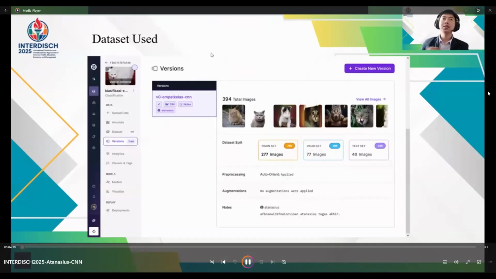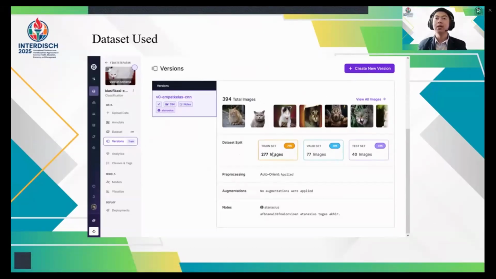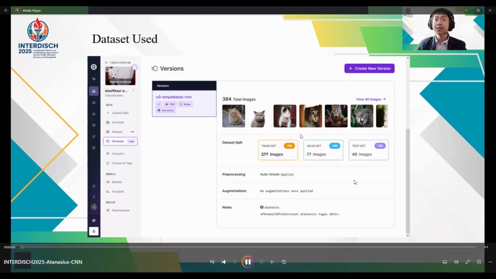The dataset I'm using, as I said before, is from Roboflow. This app makes it possible to split the dataset into train, valid, and test sets. In total, I got 394 images for this research.